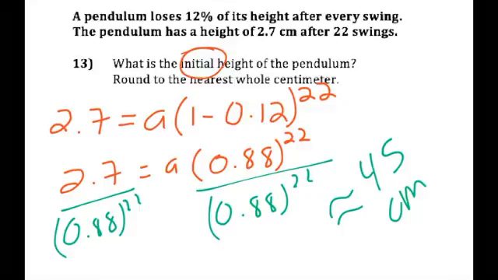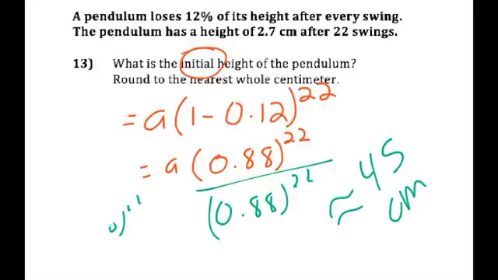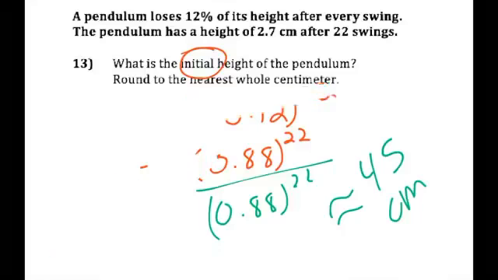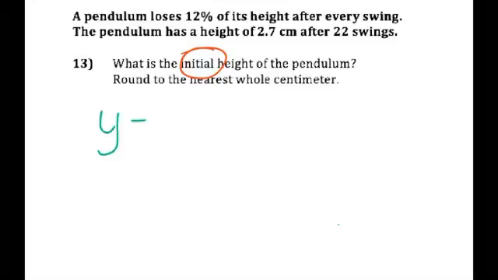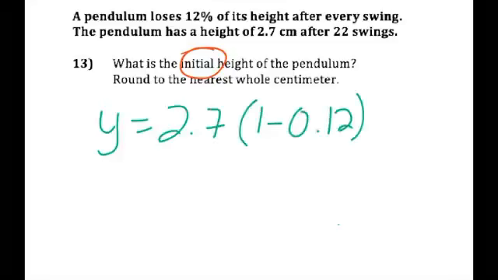Okay, I'm going to do it the other way now. The other way I could do this problem is y equals 2.7 parenthesis 1 minus 0.12 to the power of negative 22, because I'm going backwards in time 22 swings.